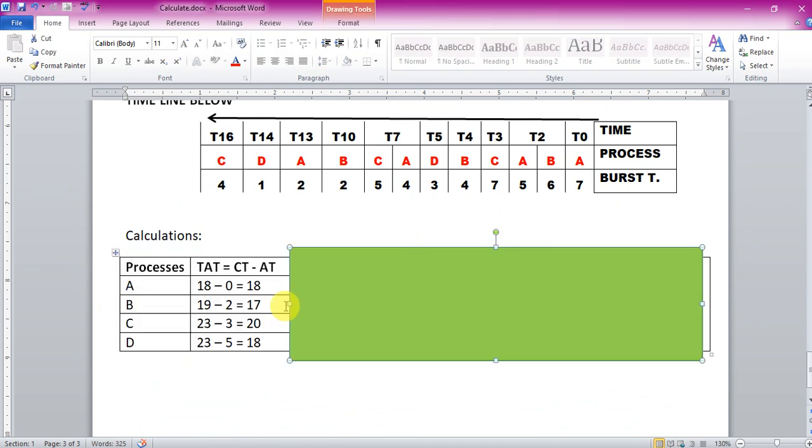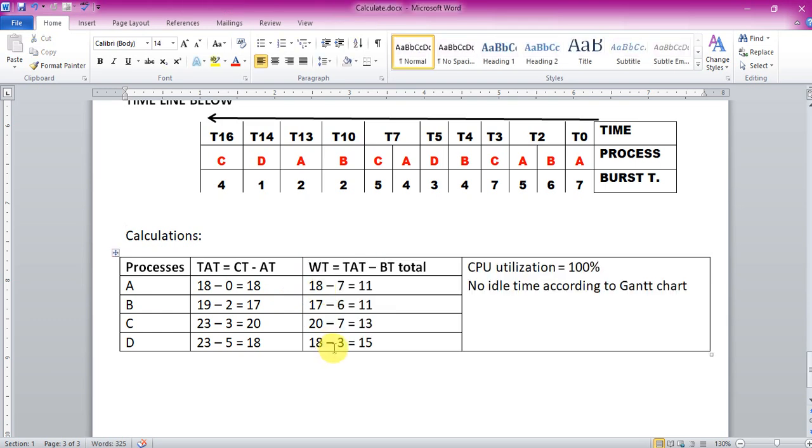The first calculation is total turnaround time, the total duration of each process in the system.